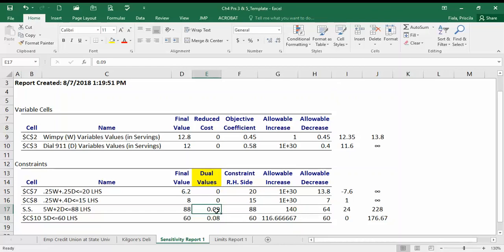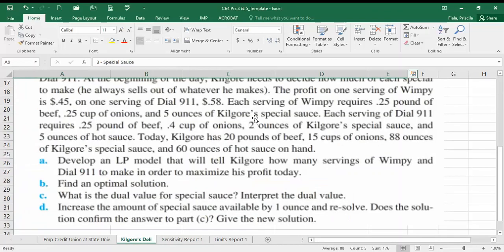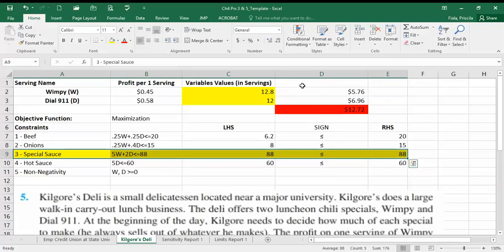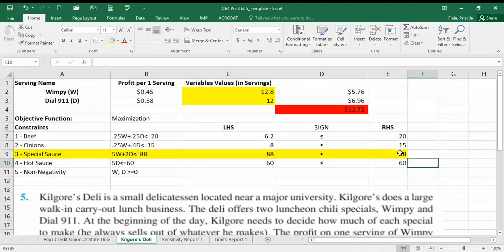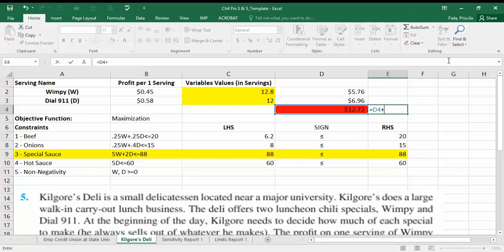So now that we know it's 9 cents, at 12.72, I'm saying that if I increase one here, this should go up by 9 cents, correct? Plus 9 cents. So my next value should be 12.81.